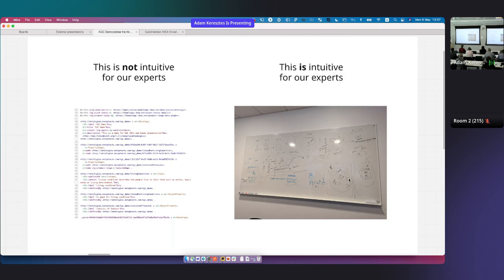And it doesn't matter how many awareness sessions we have trying to make them understand this is the way we can represent knowledge in a very structured manner. It doesn't really work. But what is intuitive is what you see on the right side, which is a whiteboard, essentially, right?